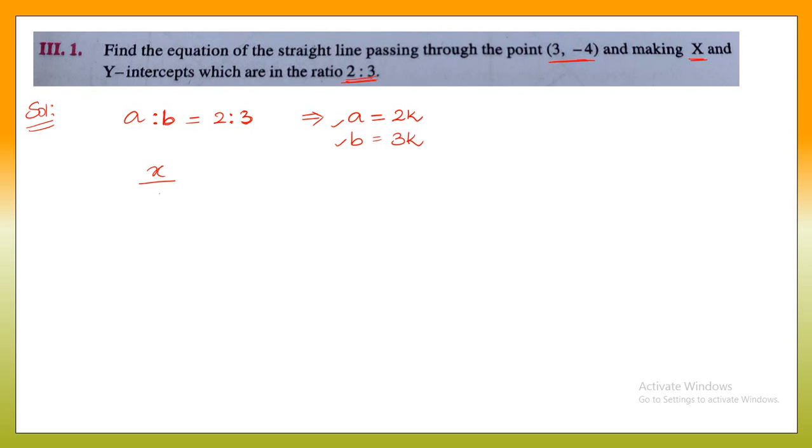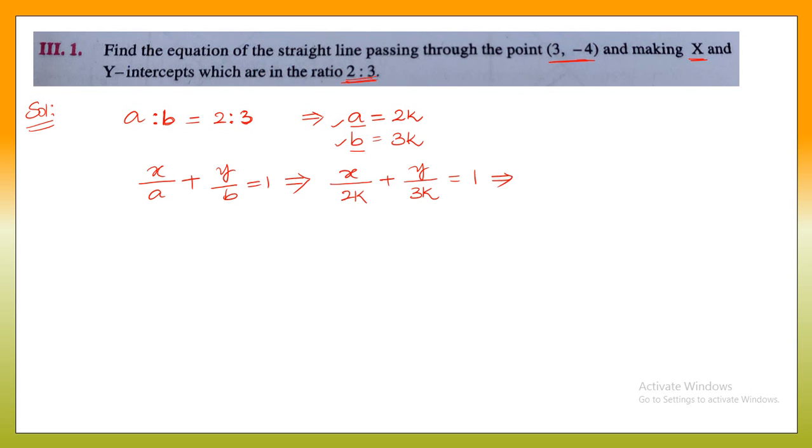If I know x intercept and y intercept, I can directly write down the equation. So what is that? x by a plus y by b is equal to 1, no? This is nothing but my intercept form. In this intercept form I am going to substitute the values of a and b. So I get x by 2k plus y by 3k is equal to 1.